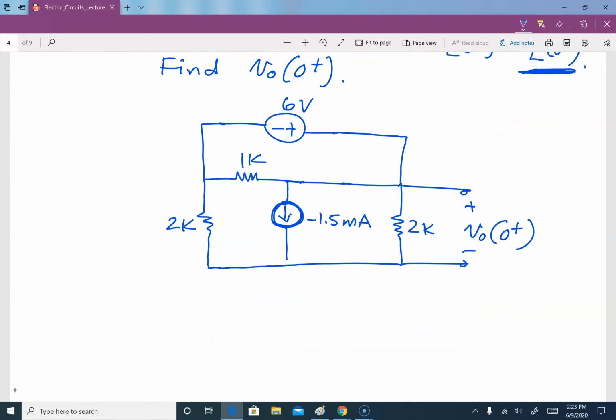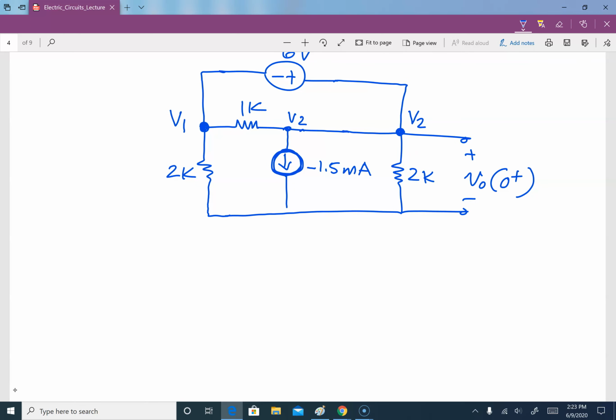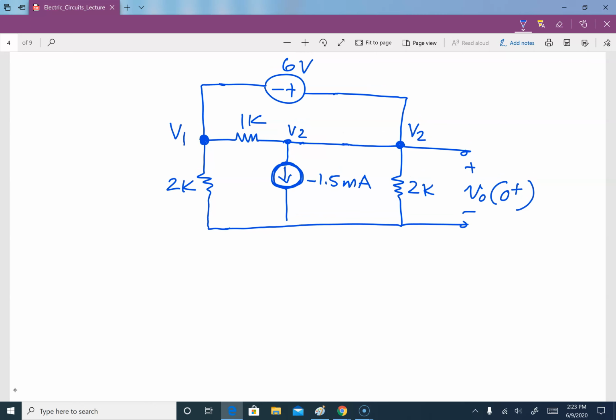So now, if I call this node 1 and this node 2, then this over here, since there is a short, that is V2. Then we can write the following. If you look at V1 and V2, there is in between this 6 volts. That means it is a super node.